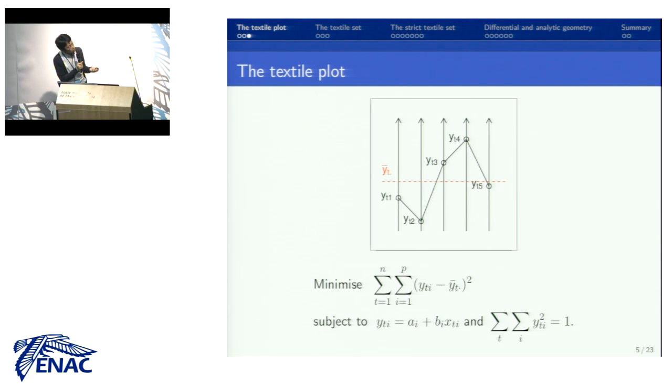The objective function measures the difference of these 2 line curves. And so the result will become a line close to the horizontal line, and so on.